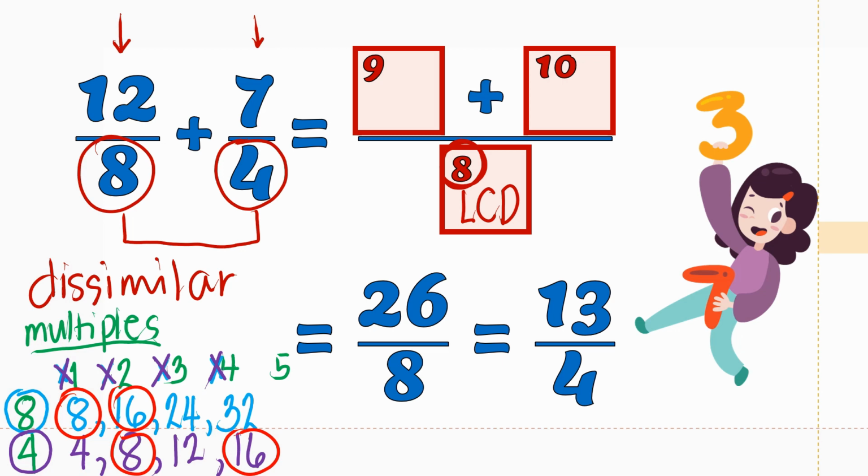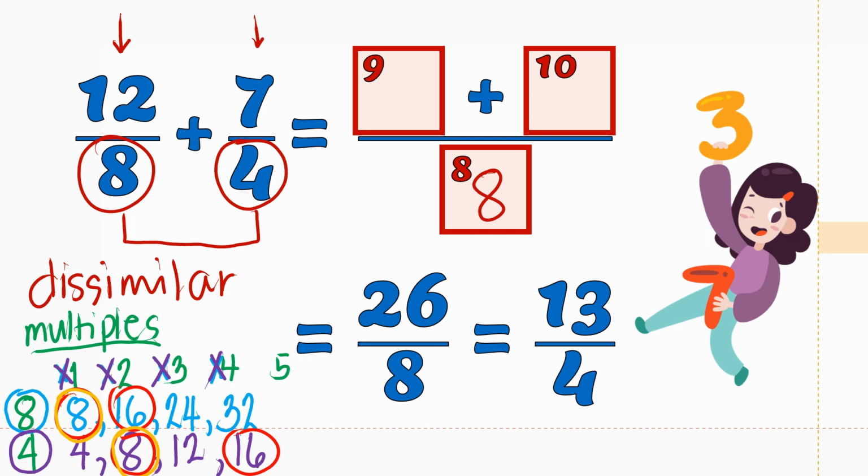And that number is none other than this 8 na nakikita ninyo. Okay? So, yan bali yung magiging LCD natin. So, let's erase this LCD word. And then, let's write 8.